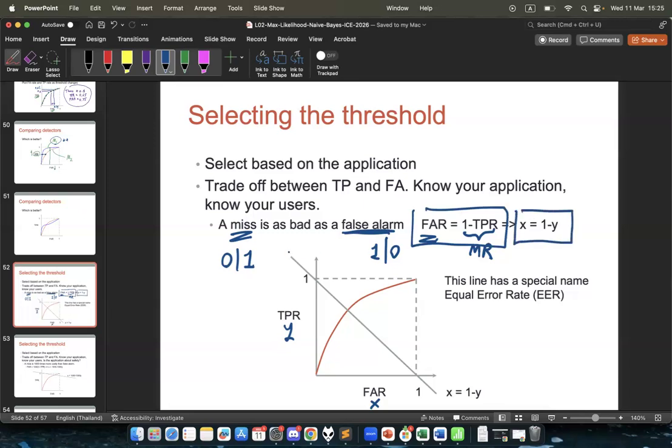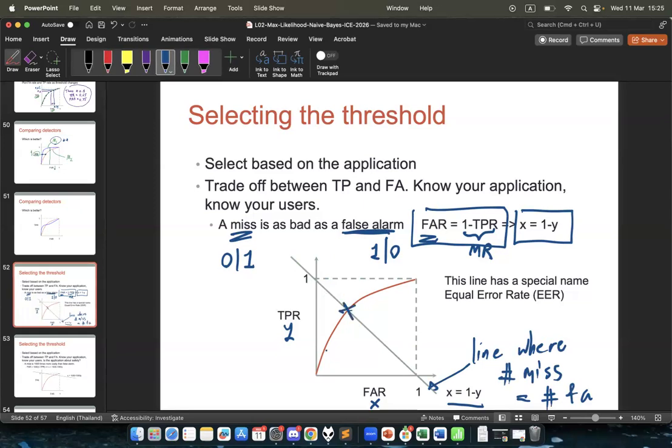Which means it's this line, X equals 1 minus Y. This line is where the number of misses equals the number of false alarms.